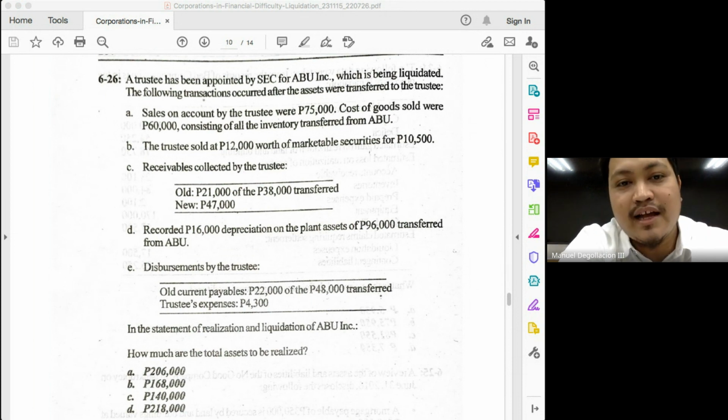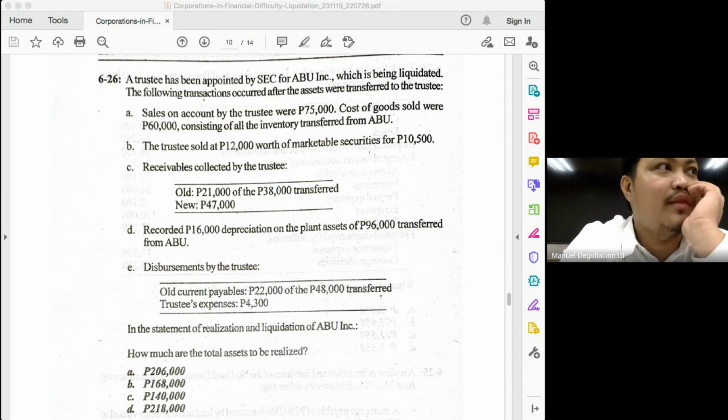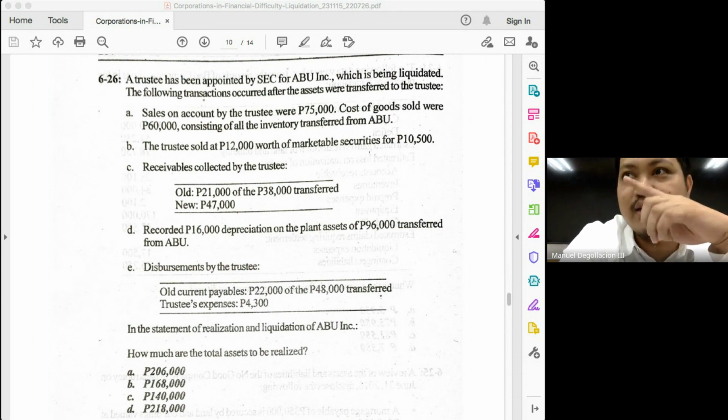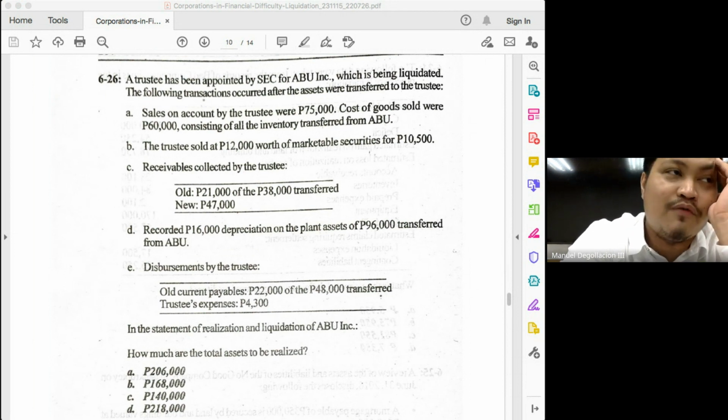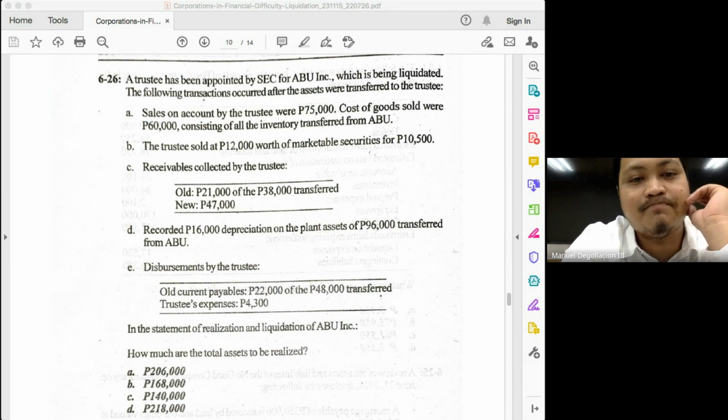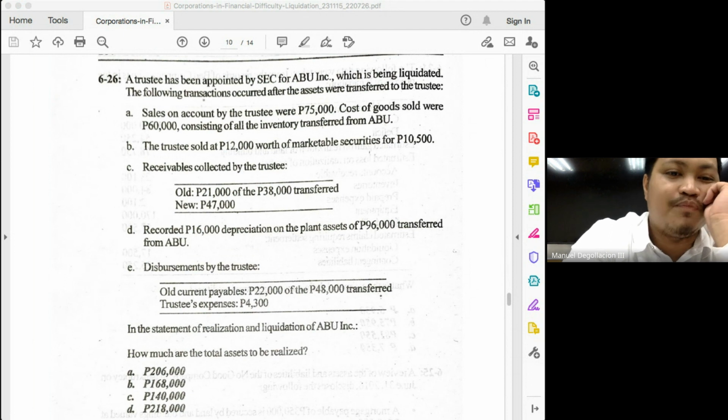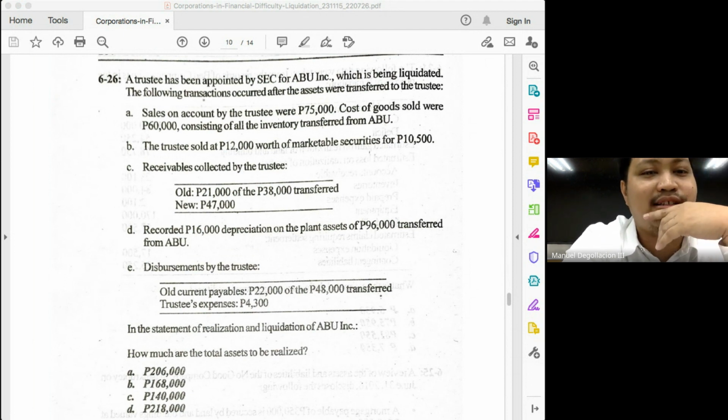Okay, and then for the receivables, you have receivables of 38,000. Were we able to collect the entire 38,000? No, we were only able to collect 21,000, and it is this 21,000 that will form part of our assets realized. Now we have here new receivables of 47,000 class. What could be the possible source of this one class?